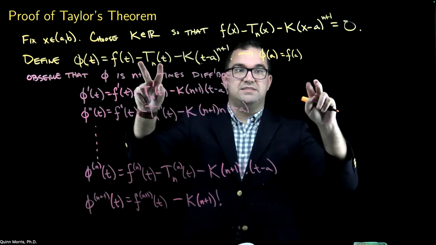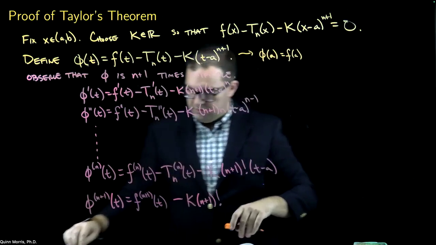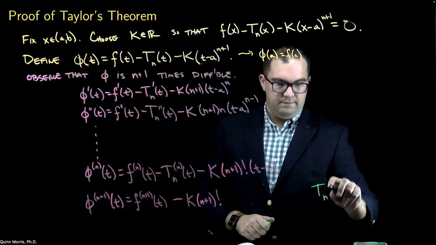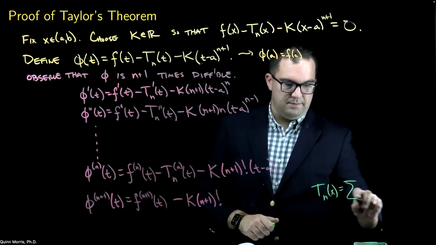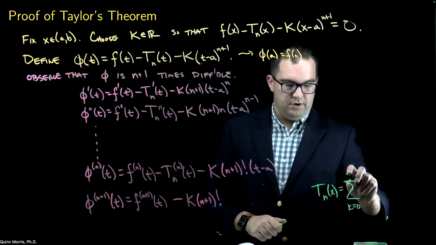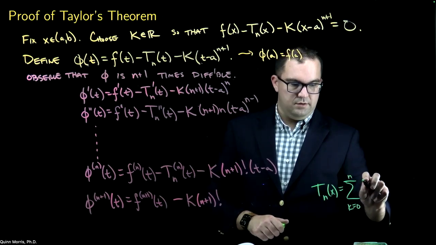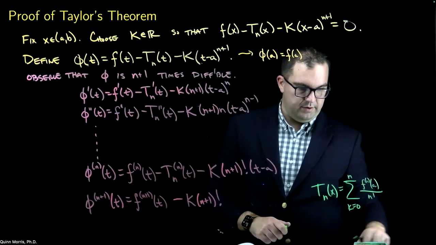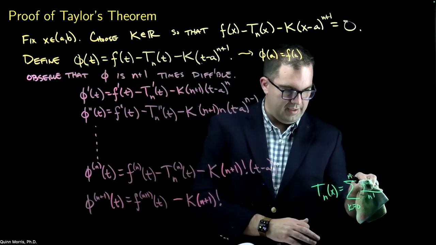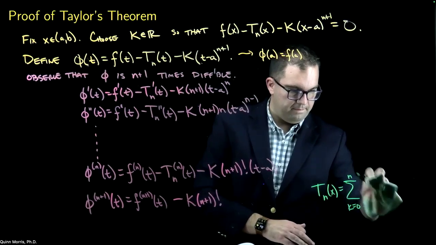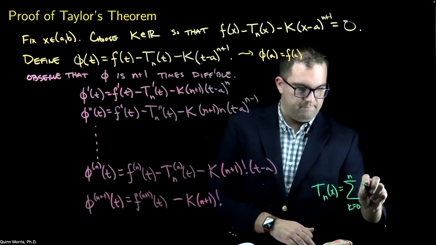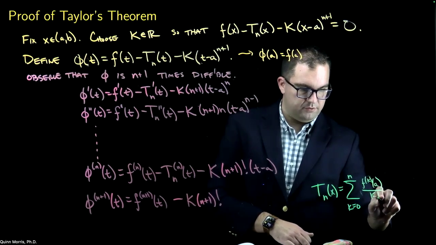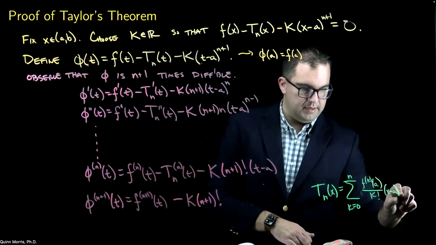Remember, let's write it over here: t sub n of x is the sum k equals 0 up to n of f to the k of a over k factorial times x minus a to the k.